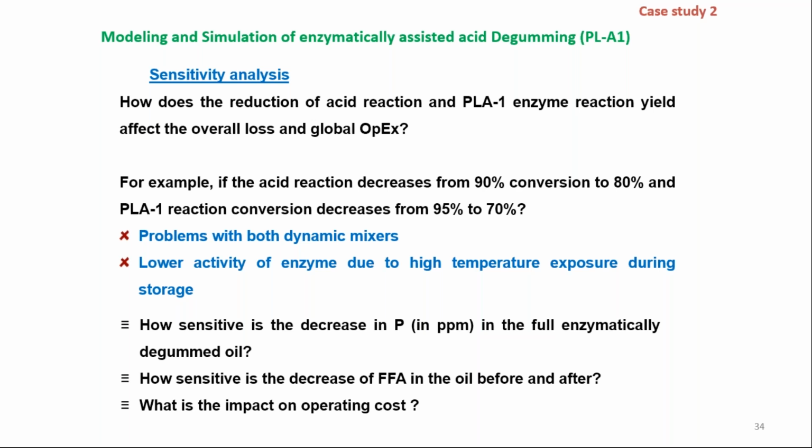But now we have a decrease in conversion in both reactions. In the acid reaction, we are going to have a decrease from 90%, which is the typical conversion of the acid reaction using citric acid, to 80%, and we have a reduction from the typical conversion of the PLA1 reaction from 95% to 70%.